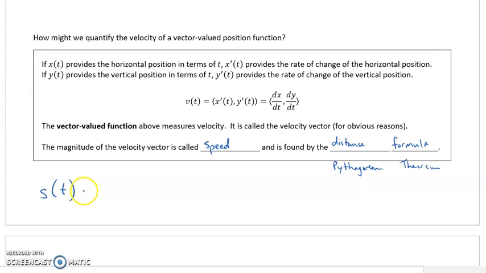It's going to be a scalar, a numerical answer, not an x comma y, just a single number. And we would do the square root of x prime of t squared plus y prime of t squared. And if we're interested in any particular value of t, we can find its speed by just plugging in that value.